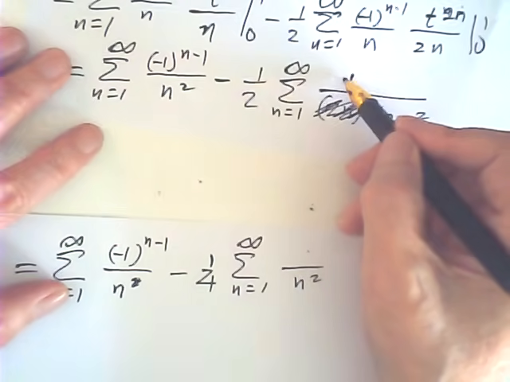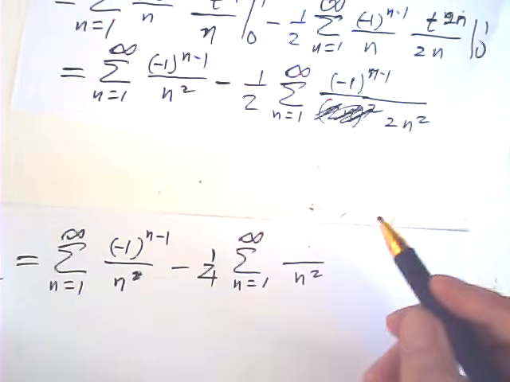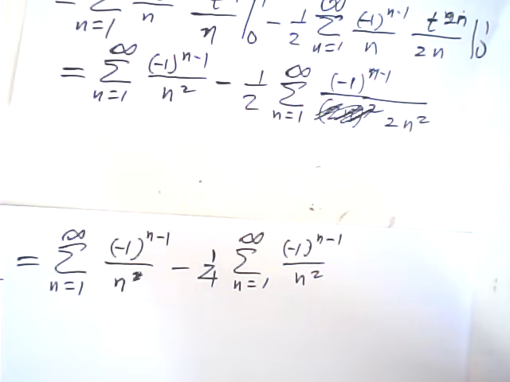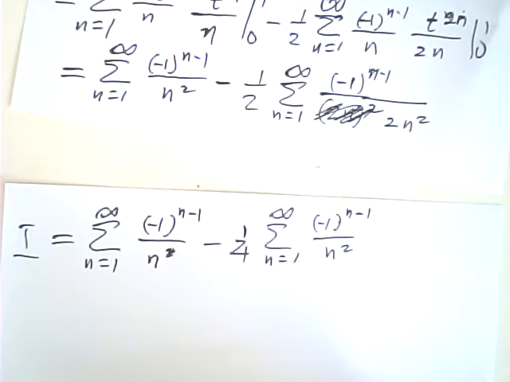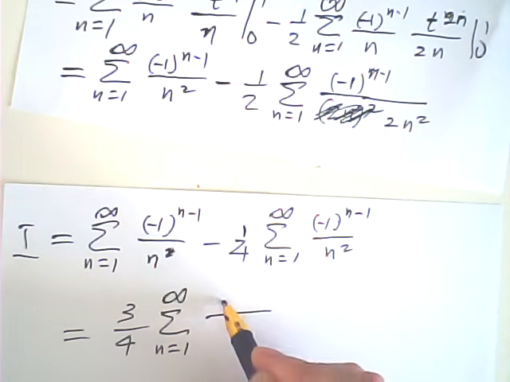I forgot this negative 1 to the n minus 1. Forget that one. Okay, good. Then I can combine them. Becomes 3/4 around this. And this.